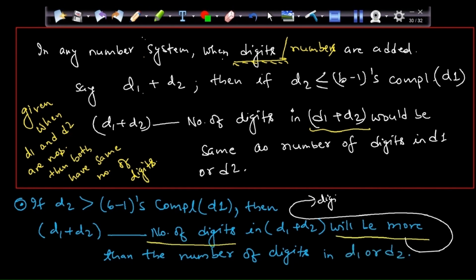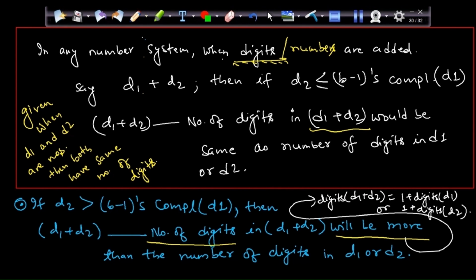The number of digits in d1 plus d2 is equal to 1 plus the digits in d1, or 1 plus the digits in d2.